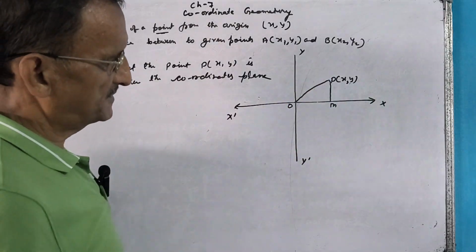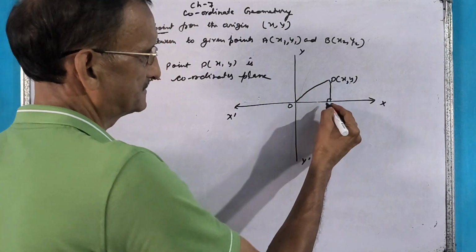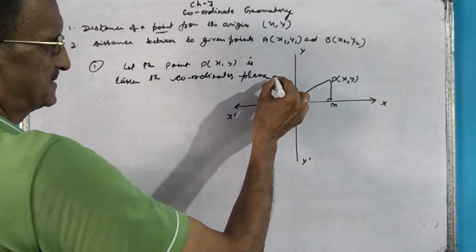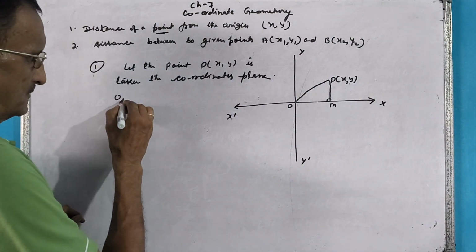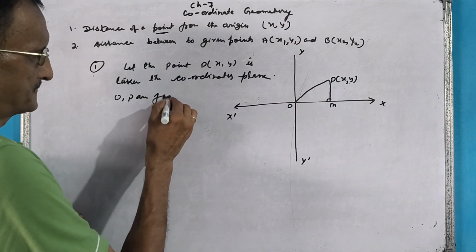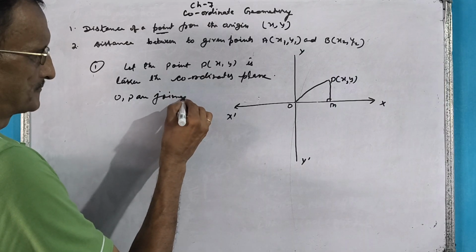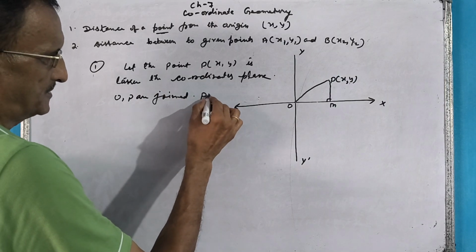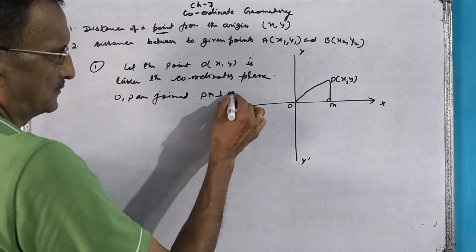This is called the coordinate plane, the Cartesian plane, the xy plane, anything. In the coordinate plane O and P are joined, and PM perpendicular to OX is also drawn.